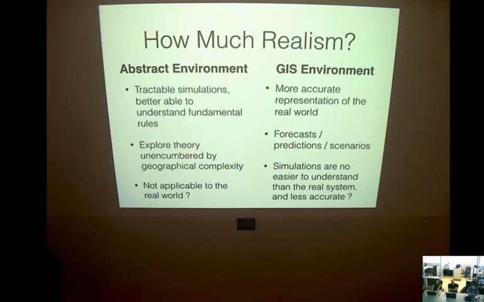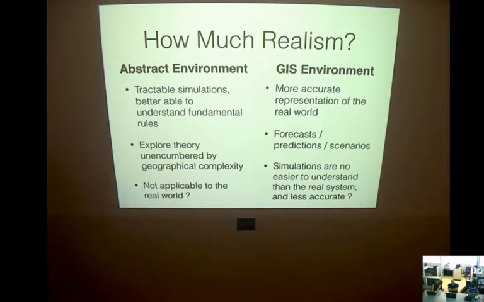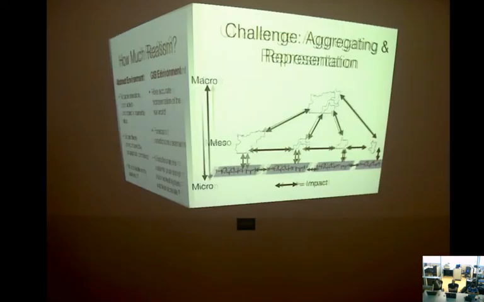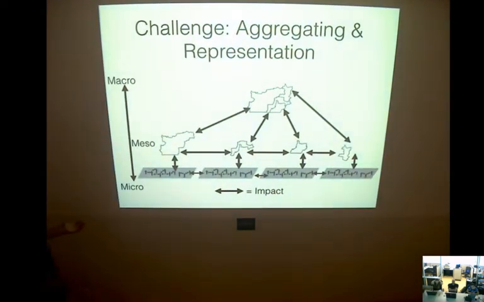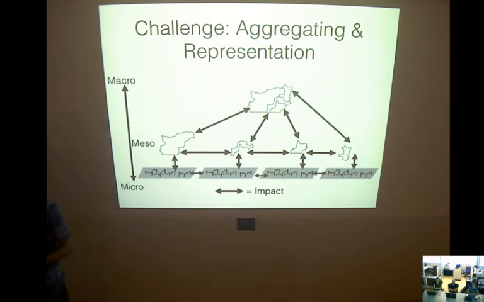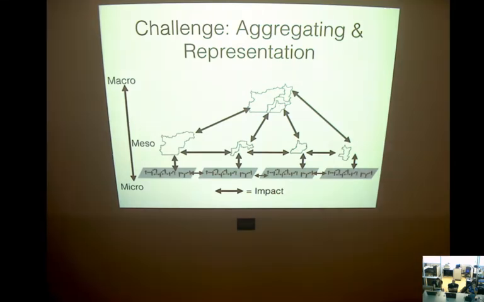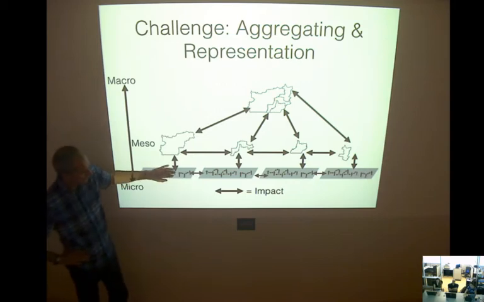So one thing that we always struggle with is how much realism do we put into models? And the challenge of realism, and also what is an agent and things like that, comes to the way we represent space. All of you know the idea of near-decomposability issues and subsystems and things like that, right? Especially people who are just doing the comprehensive exams. But we have societies, we have neighborhoods.